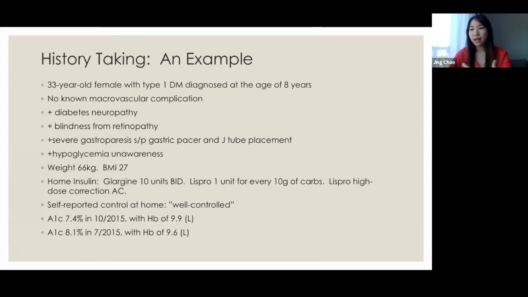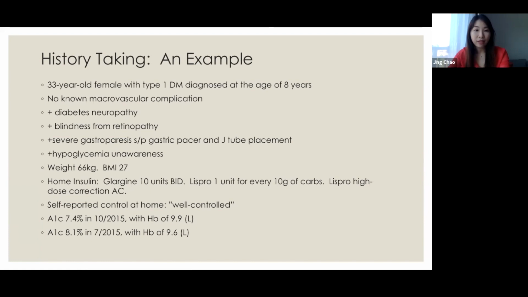I want to demonstrate the importance of history taking using an example. This is an actual patient that I had taken care of in the past. Based on the good history taken here, I will tell you my assessment. First of all, this is a 33-year-old female with type 1 diabetes diagnosed at the age of 8 years old.